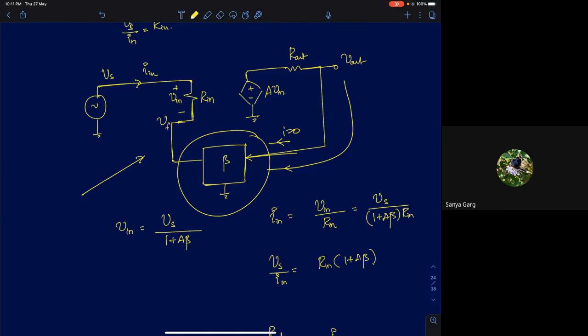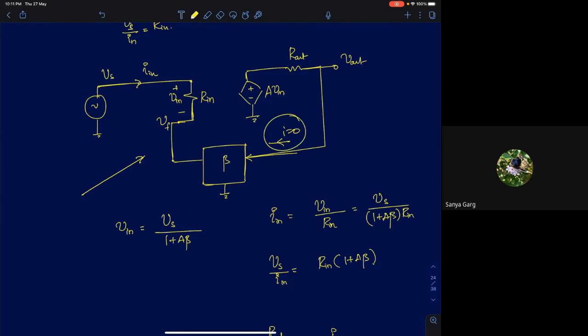If I insert the feedback and the open loop output voltage changes because of that, then we will say the feedback network is loading the amplifier. Here I'm going to assume that the feedback network is not loading.